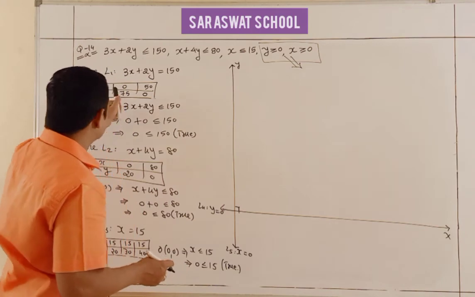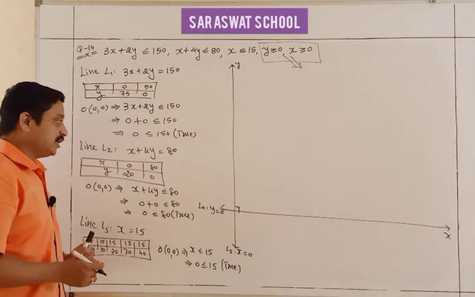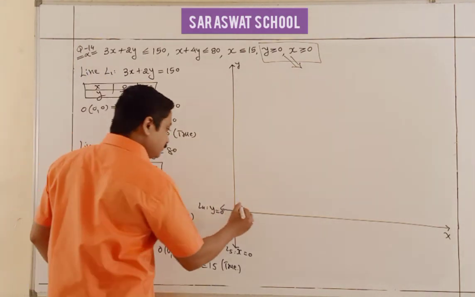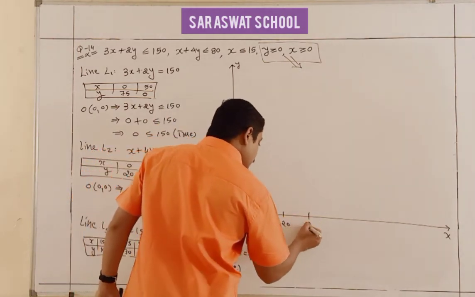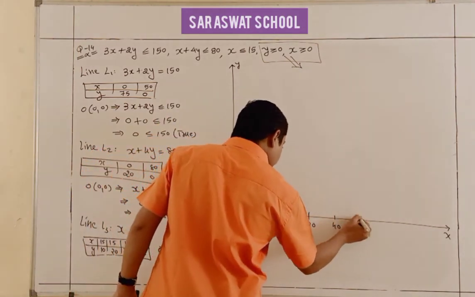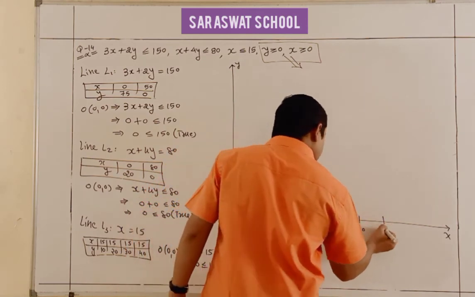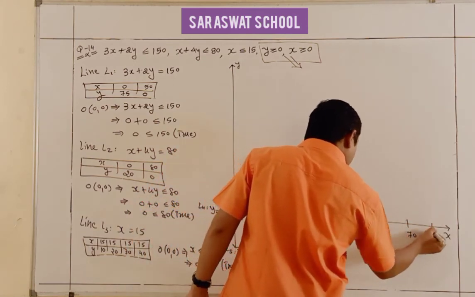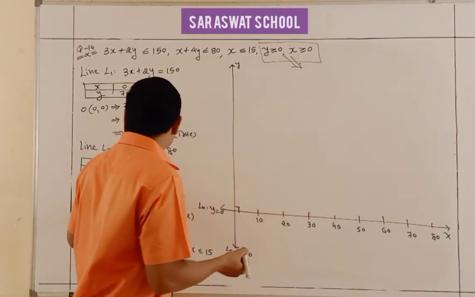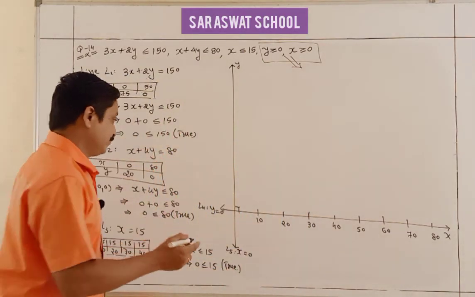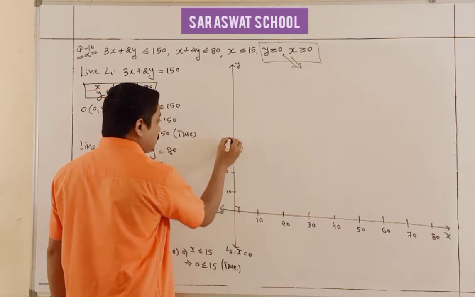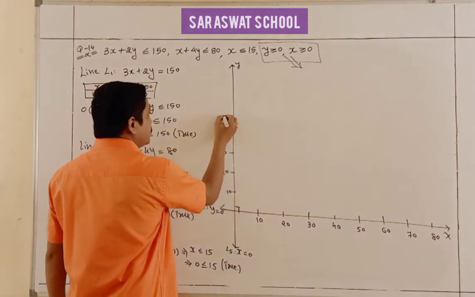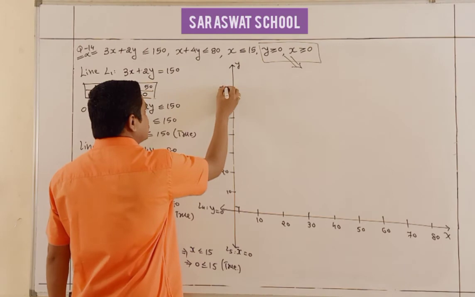Now here 0 to 50 and here 80. So I am just taking change in 10, 20, 30, 40, 50, 60, 70, 80. And on the y-axis I just require up to 75, so here 10, 20, 30, 40, 50, 60, 70 and 80.